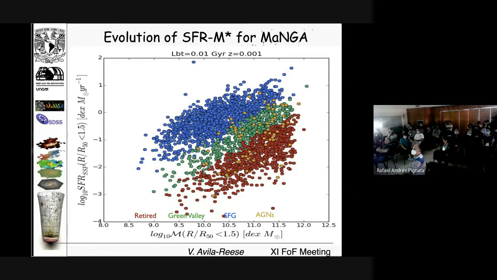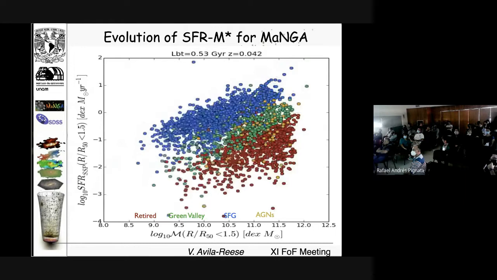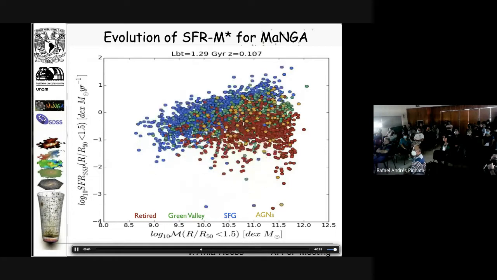Here are the galaxies, the MaNGA galaxies. We classified them: star forming are the blue dots, retired are the red dots, and the green are the Green Valley galaxies, classified today. How did they evolve in the past? You can see here that in the past they were all on the main sequence, and as time goes by they are quenching, and today they end up here.